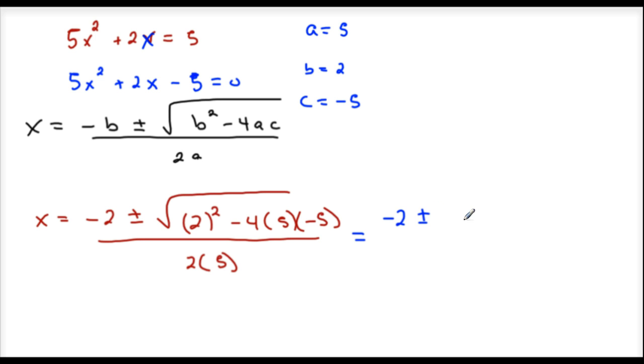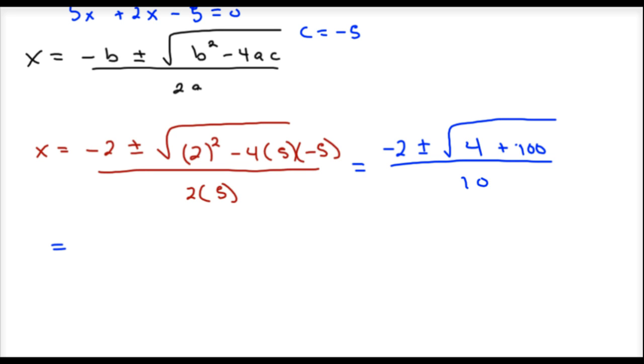Negative 2 plus or minus the square root of 4 plus 200 over 10. 200, 5 times 5 is 25. I'm sorry, 100. 5 times 5 is 25, 25 times 4 is 100. Reduce again. Negative 2 plus or minus the square root of 104 over 10.